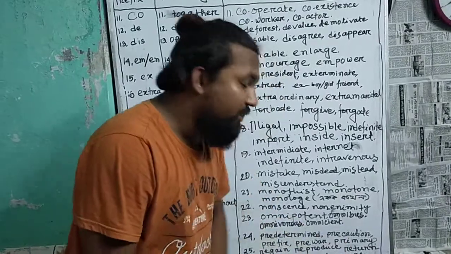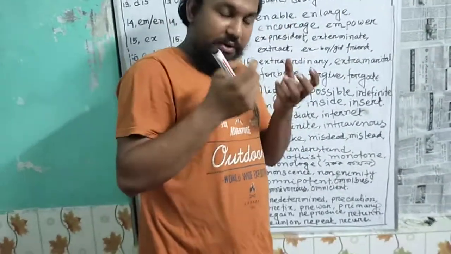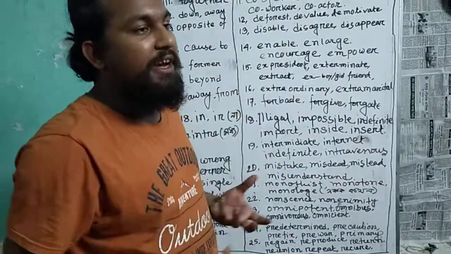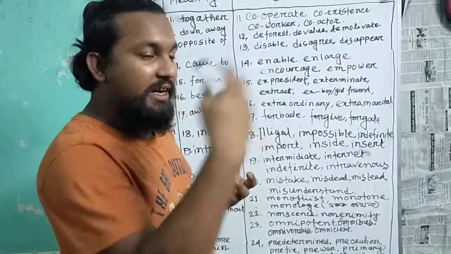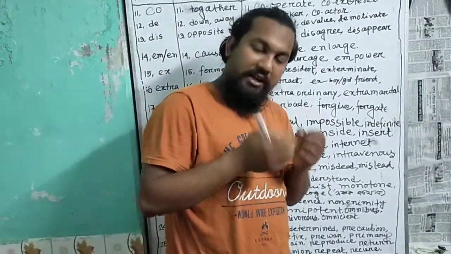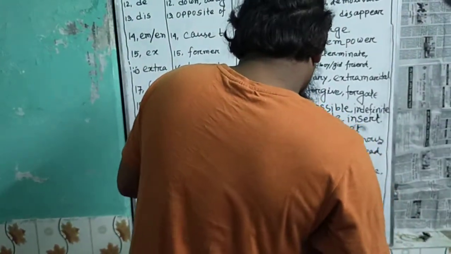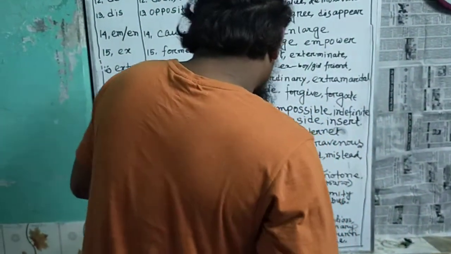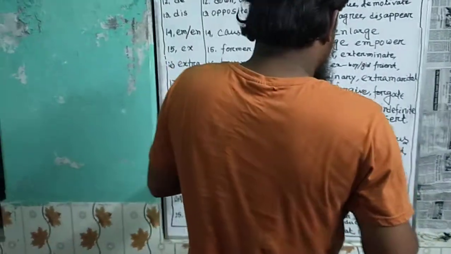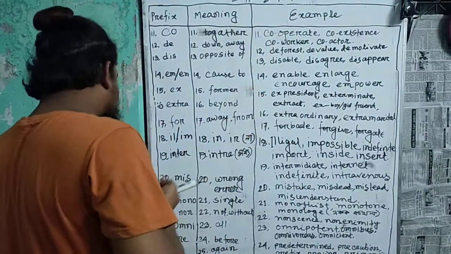And precaution means if you are sincere about what is happening or what will happen next, and when you are sincere about that, that is called precaution. On the other hand, prefix, pre-war, primary, all are the perfect examples for this.